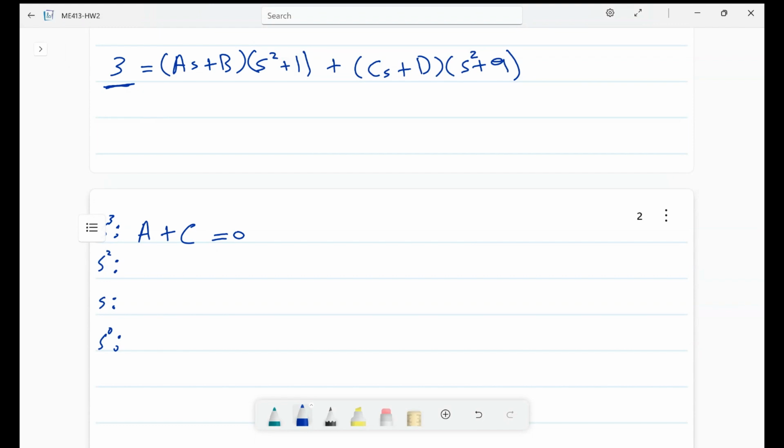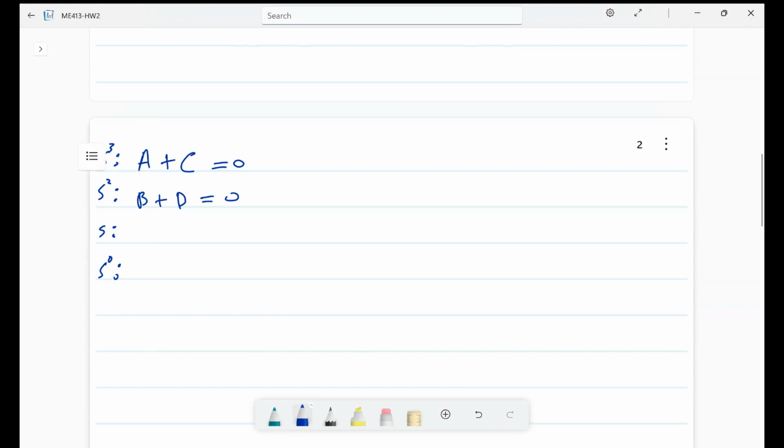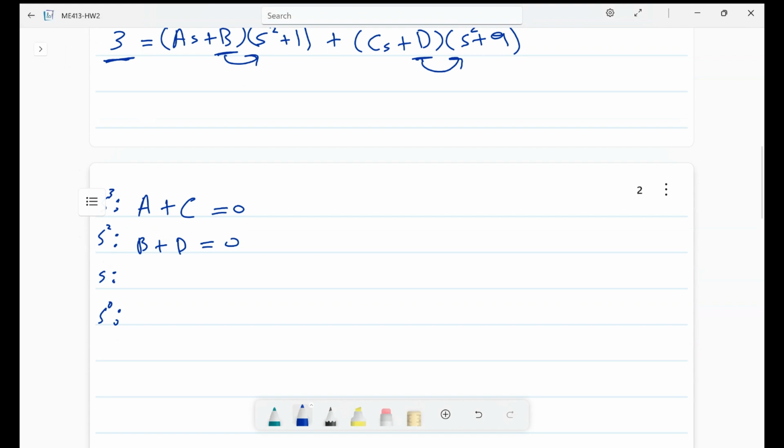For s squared, we have B and we have D, so B plus D equals 0, because we also don't have any s squared on the left-hand side.